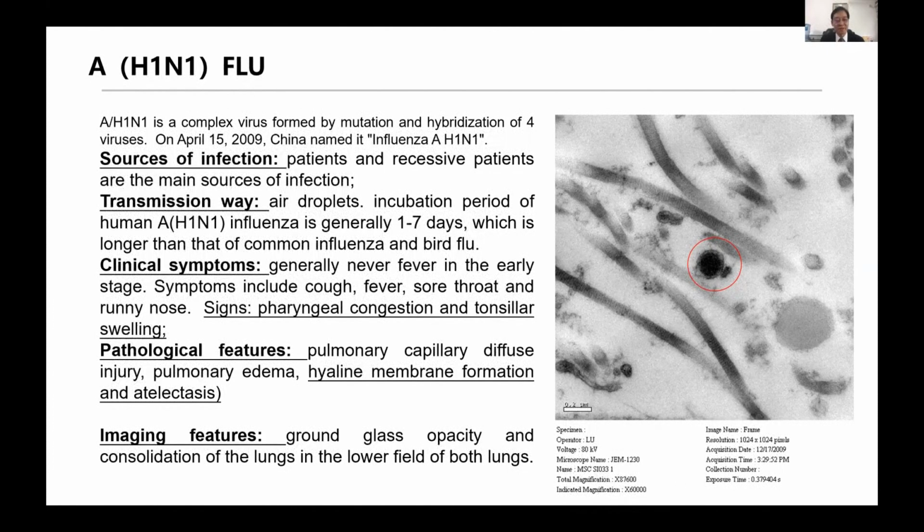Pathological features: primary capillary diffuse injury, primary edema, hyaline membrane formation, and autolysis. The imaging manifestation shows ground glass opacity and consolidation of lungs in the lower field of both lungs.